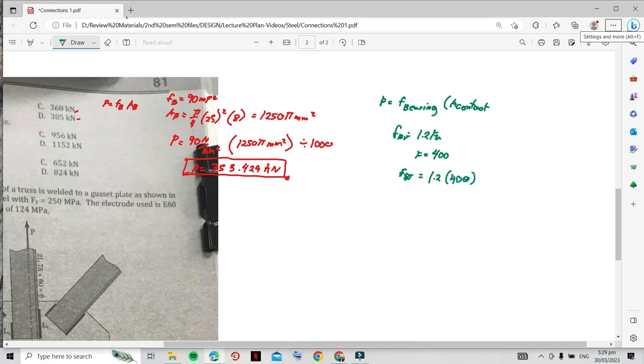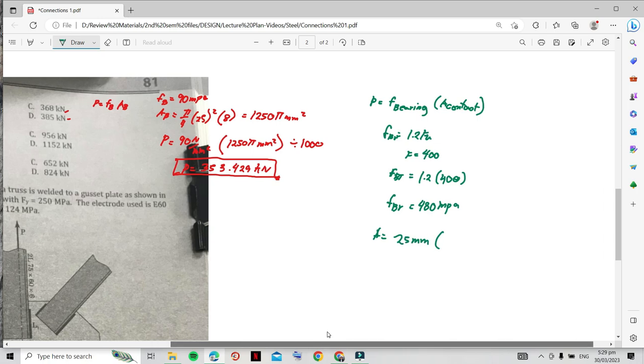So we have the allowable stress for bearing equal to 480 MPa. And we have the area of contact, which is the contact of the bolt, 25 mm, times the thickness of the plate.